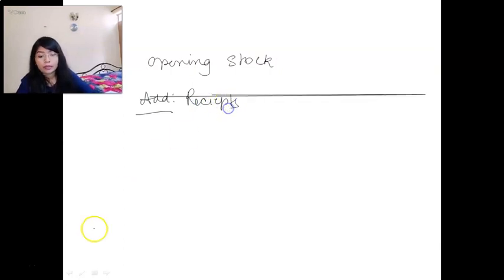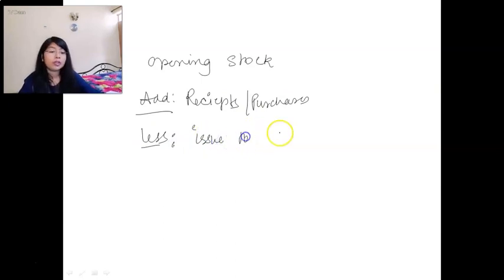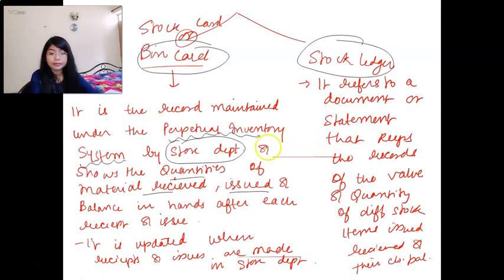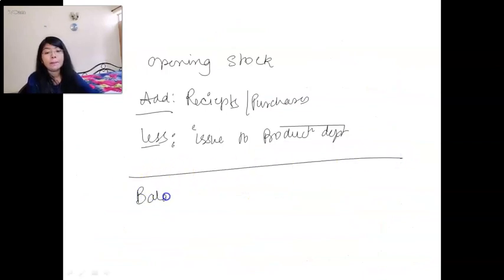it will have opening stock. You are going to add any receipts, or you can say purchases, less issues to the production department, and you are left with the balance in hand.